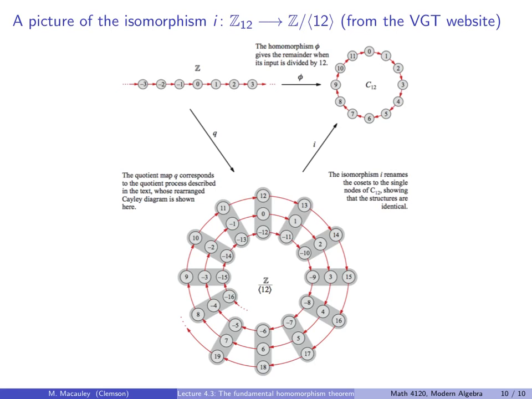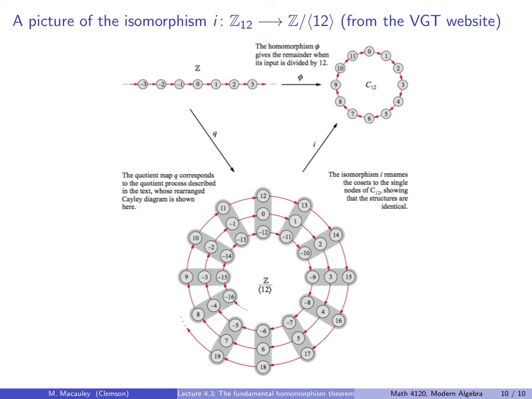Here is a picture of the isomorphism that we just constructed. And this comes from the Visual Group Theory website. This is one of 1 or 2 images that I used from the website in my whole class. You'll notice that the arrow types here are different than the style that I use. Everything else I make myself.